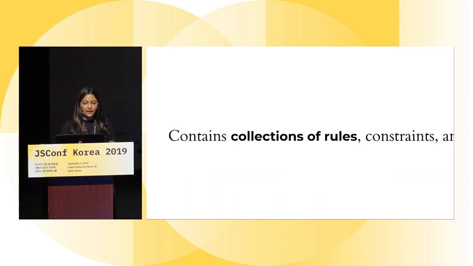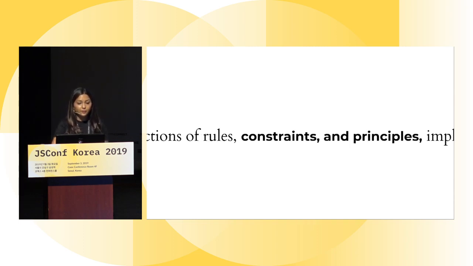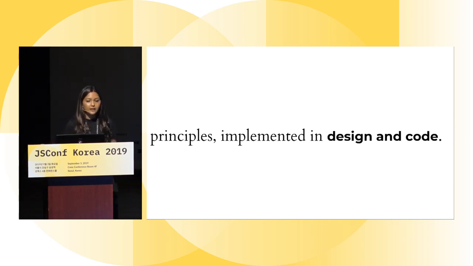A design system contains collections of rules, which include guidance as well as strictly enforced UI, UX, and code behavior in the product, constraints and principles so that your team at large is operating under the same circumstances and direction, that are implemented in design and in code.